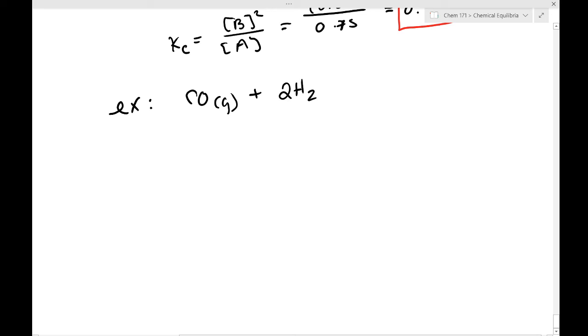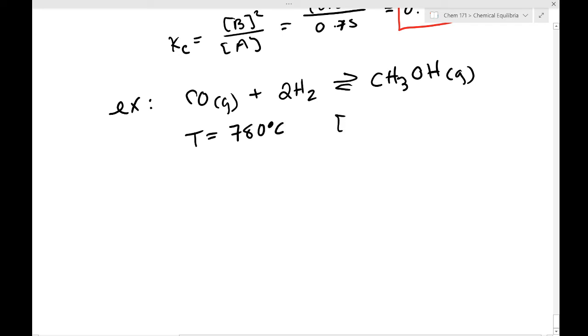Let's react carbon monoxide with hydrogen gas to form methanol. Okay, let's do this at a temperature equal to 780 degrees Celsius.